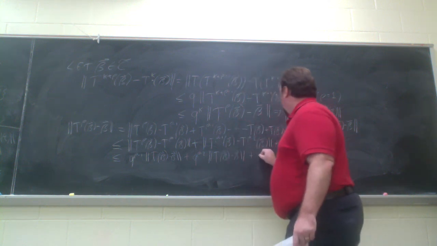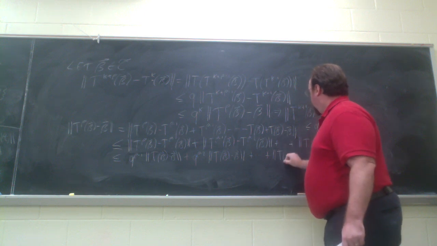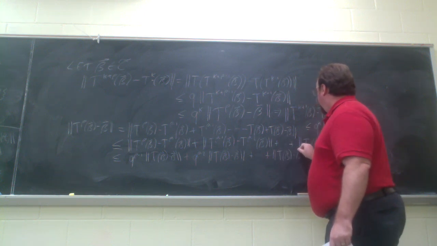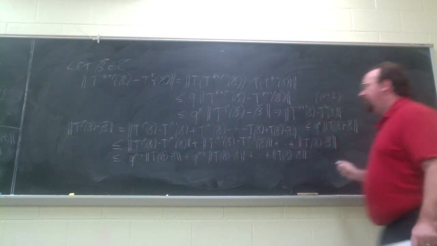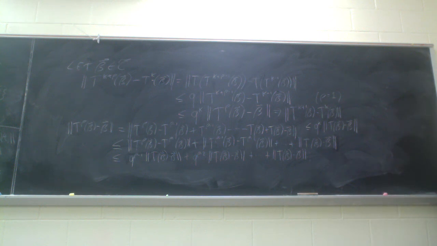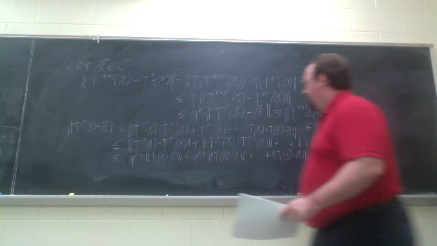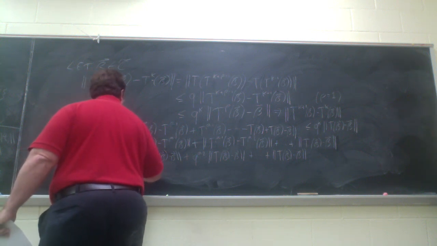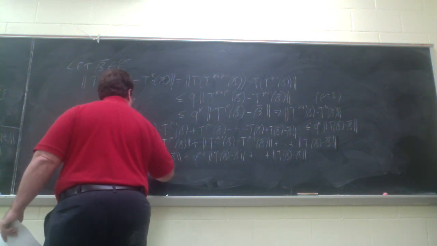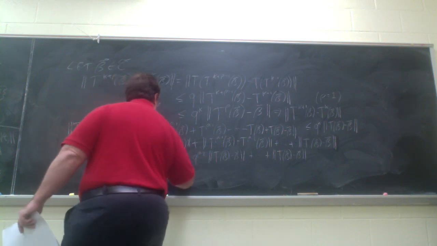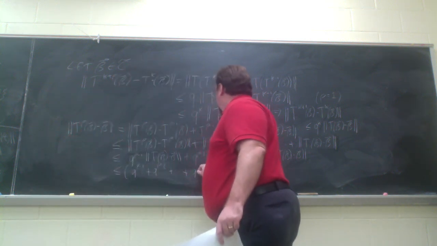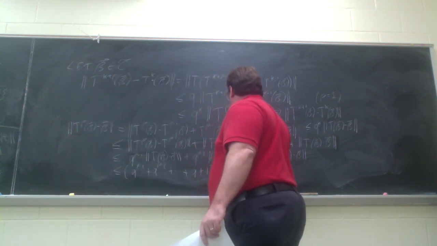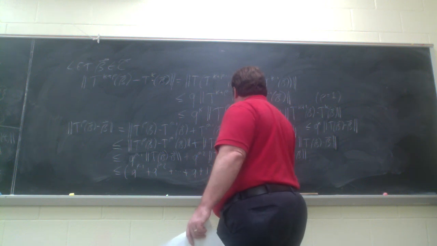And so on, all the way down to t of beta minus beta. So now I have t beta minus beta in every term. And I can factor out the q's, or powers of q. So I have q to the p minus 1 plus q to the p minus 2, and so on, all the way down to q plus 1 times t of beta minus beta.